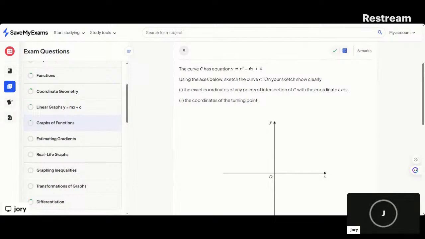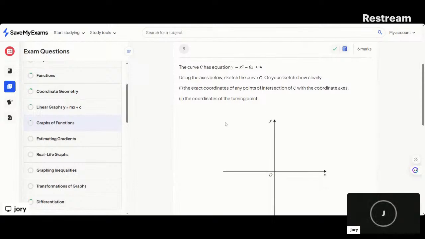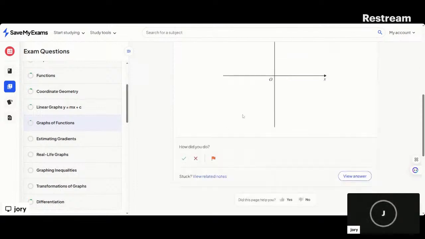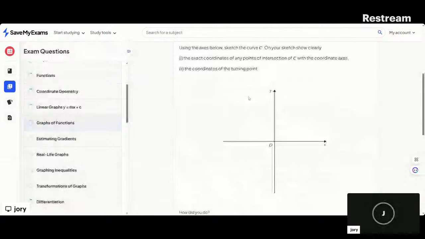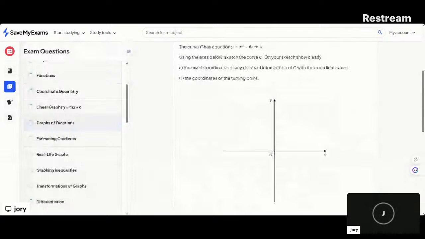It's using the exact coordinates of any points of intersection with C on the coordinate axis. What? It's 6 whopping marks. That's a lot of marks. Let's try to solve.